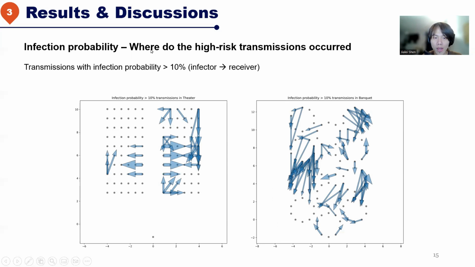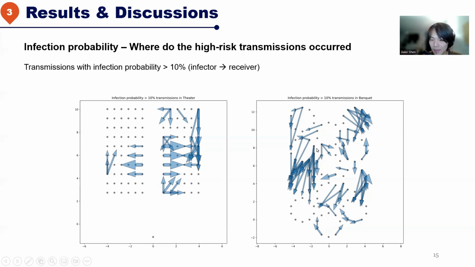So we want to know where the high risk transmissions occur. We just plot the transmissions with infection probability larger than 10%. For the theater scenario, people who are sitting in the middle, in these locations, and some people who are sitting in the front rows will infect more people.